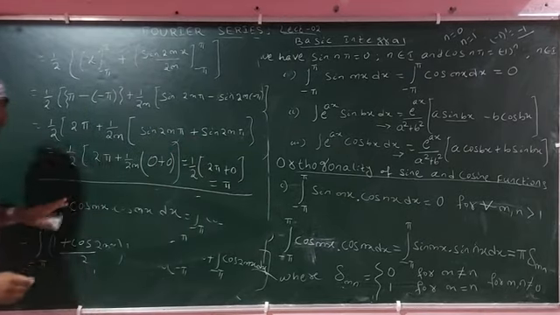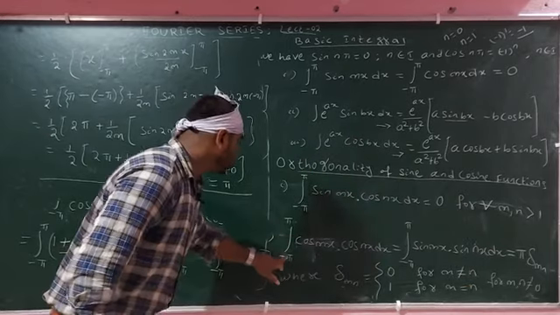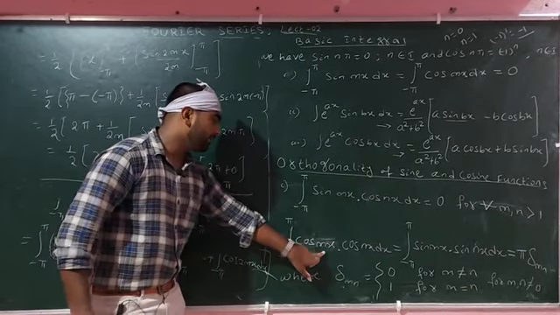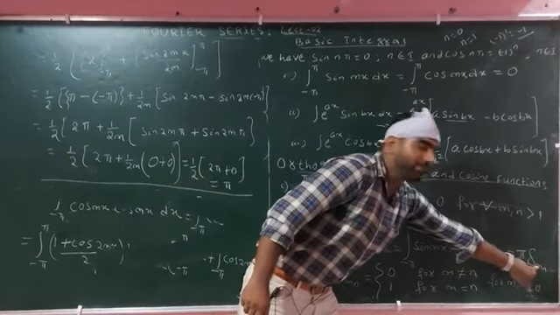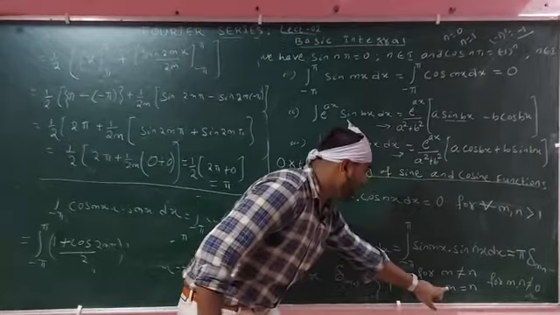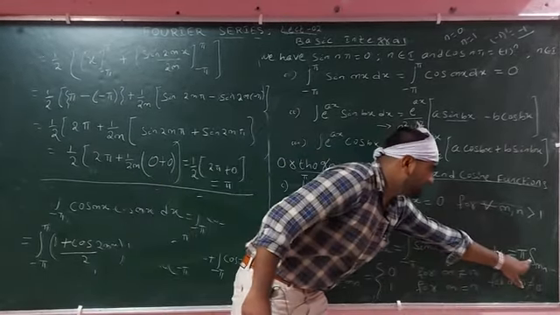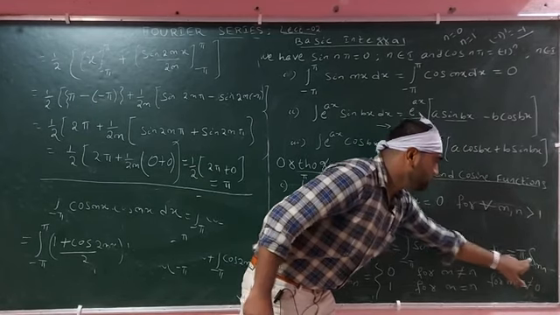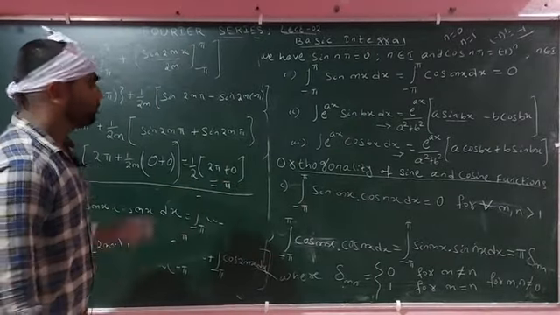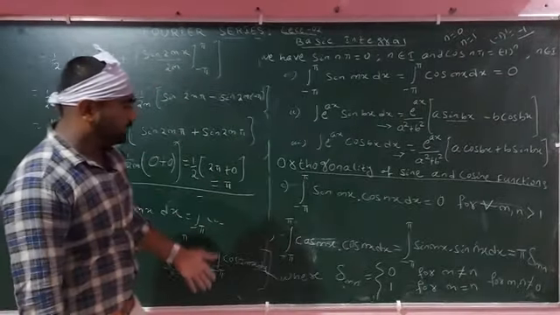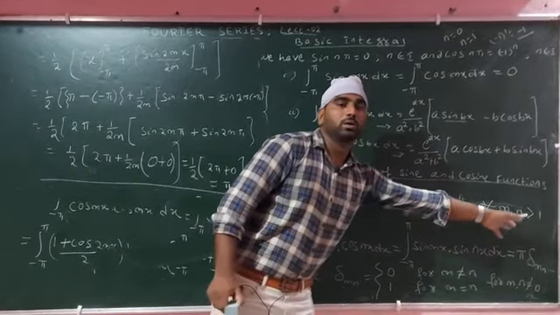So if m equals n, then you can prove that the integration from minus pi to pi of cos mx into cos nx equals pi delta mn, the Kronecker delta. If m equals n, the Kronecker delta becomes 1, so in place of delta mn you put 1, that is pi into 1 equals pi. Proved.